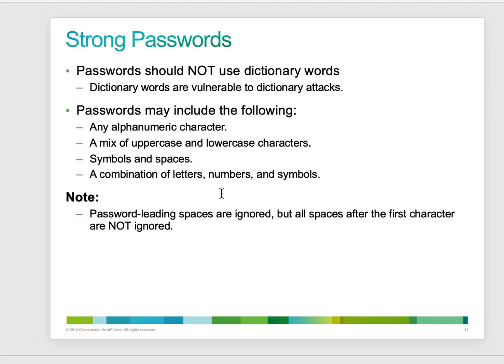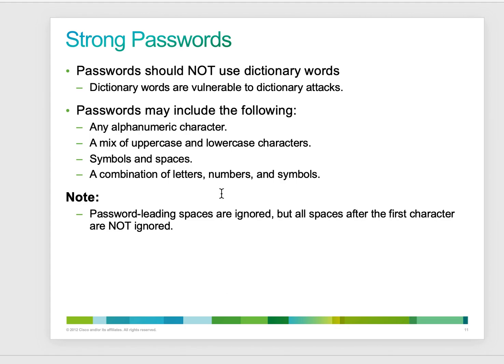Number 2, your password should include a mix of uppercase and lowercase. Not all lowercase and not all uppercase. You have to mix uppercase and lowercase. Again, your password should include some symbols and spaces. You can create space between letters or between numbers, or between letters and numbers, which also makes it part of the password.